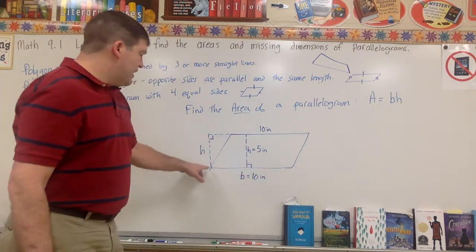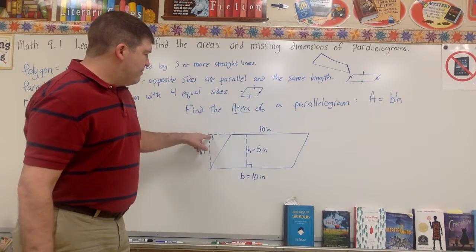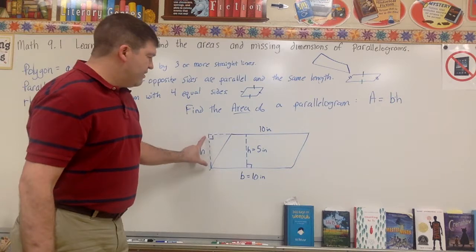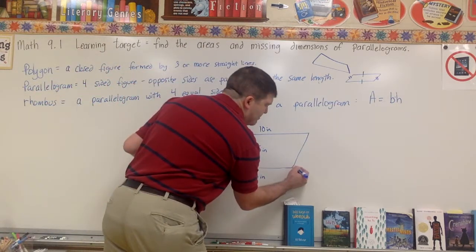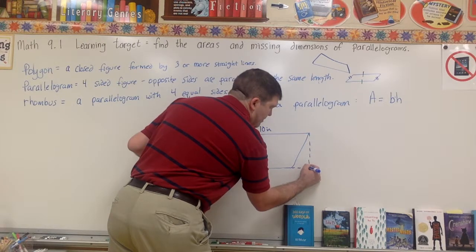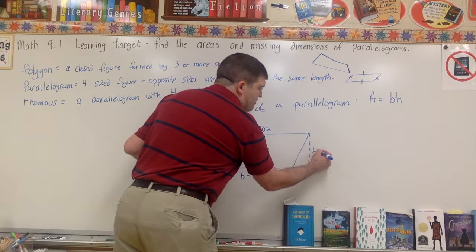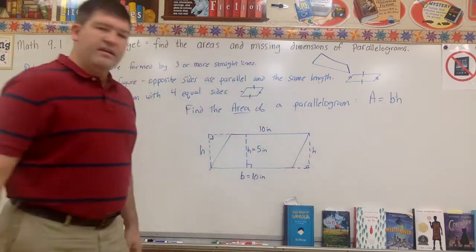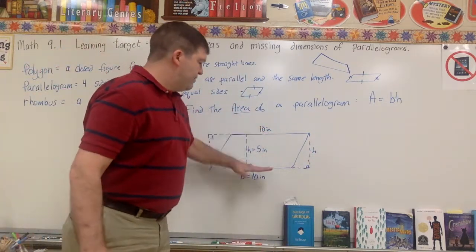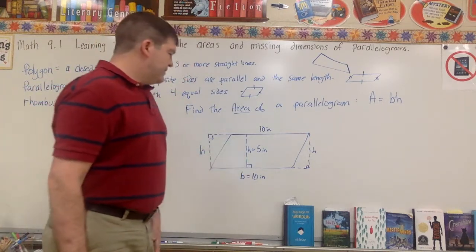Sometimes you go outside, up all the way to here, and that forms your right angle, and this is your height. I could have gone this way too. That forms a right angle, and so that would also be my height. So the height is from here to here, and it has to form a right angle.